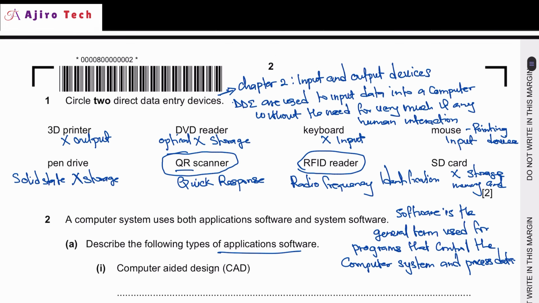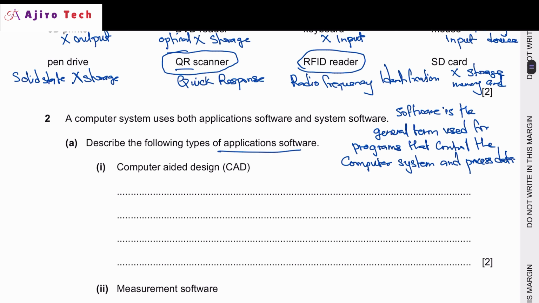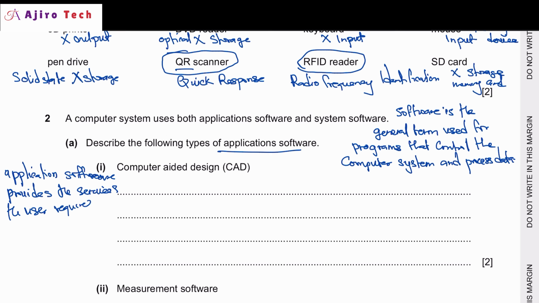So the application software provides the services the user requires to solve a particular task. So let's talk about the types.